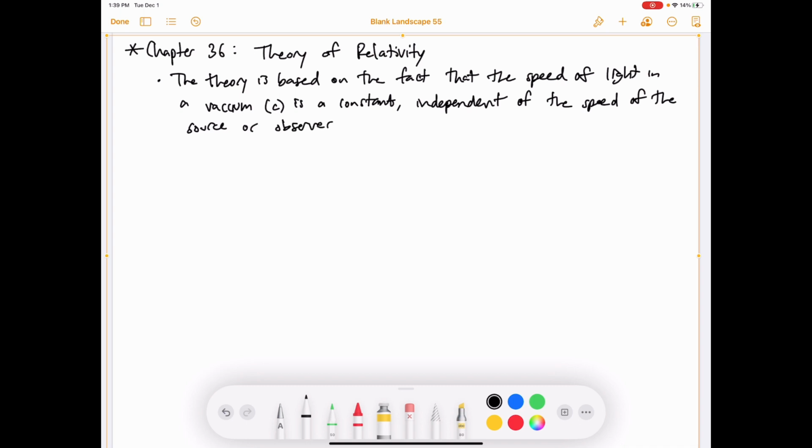Okay, so no matter how you're moving relative to the source of the light, you're always going to see the same exact speed for that light, which is kind of strange if you think about it.